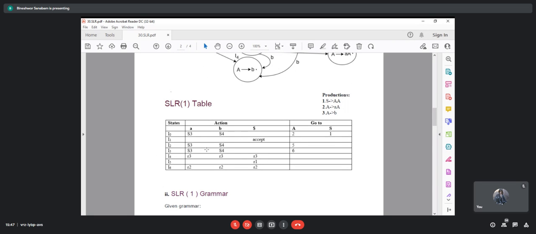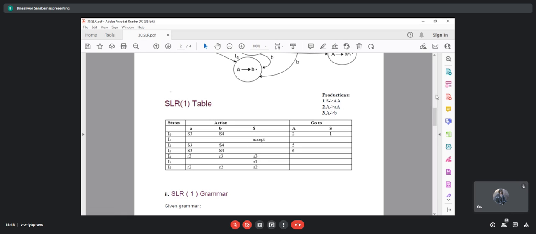And for 5, where we consider production number 1, we do the follow of S. So follow of S is nothing but dollar, so we place the reduce only to that particular follow, dollar. Here R3 refers to production 3, so R3 means reduce to this production, production number 3, in this case A implies b. Then R1 means S implies AA.